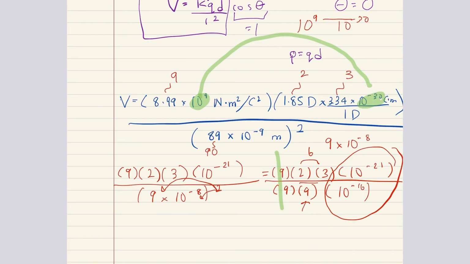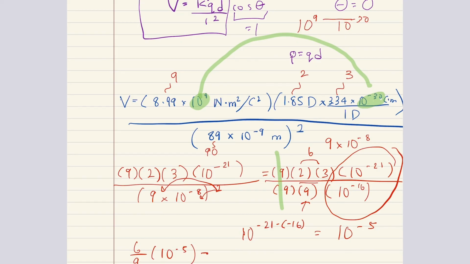When we have 10 to the negative 21 divided by 10 to the negative 16, we are essentially just subtracting the exponents. So what that means is we have 10 to the minus 21 minus negative 16. This gives us 10 to the negative 5. So what we're left with is 6 over 9 multiplied by 10 to the negative 5.